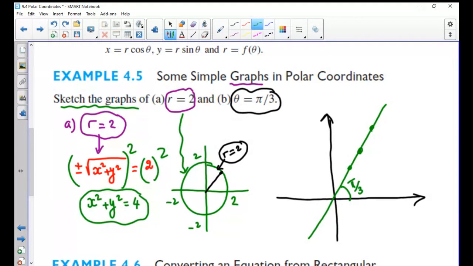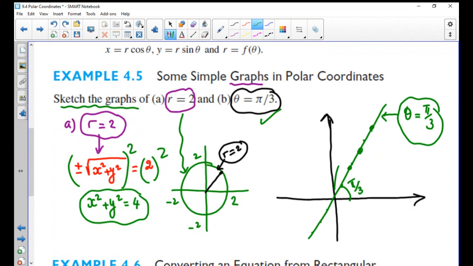Pi over 3. So these points which have a theta equal to pi over 3 are on a straight line. So you can say the equation of this green line is theta equal to pi over 3. Every point on this line has a theta equal to pi over 3.